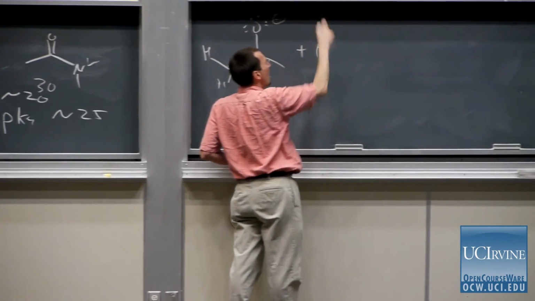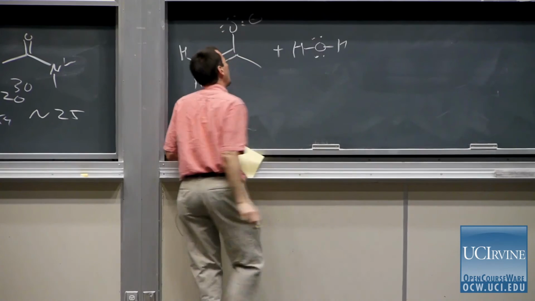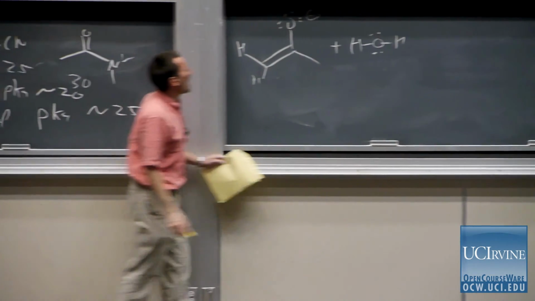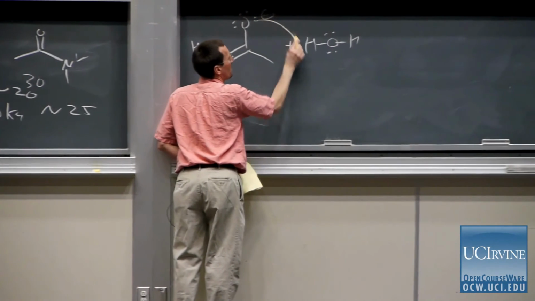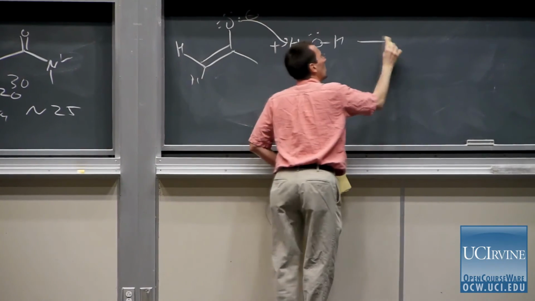If we protonate back on carbon, we're headed back to the start of the reaction. If you protonate on oxygen, on the other hand, now we've proceeded on to the enol.